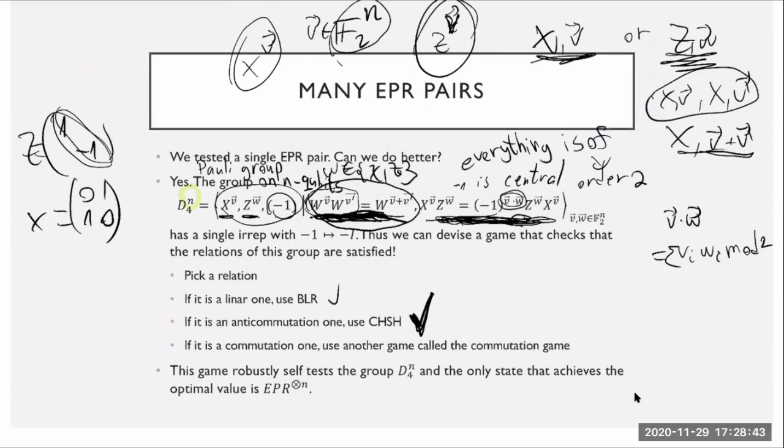At least winning optimally clearly means that you have a representation of the group. This is clear, right? But the unclear thing that you just stated, which is true, is that if you check these relations and win with high expectation, it means that you are close, in this state-dependent distance, to a representation of this group.